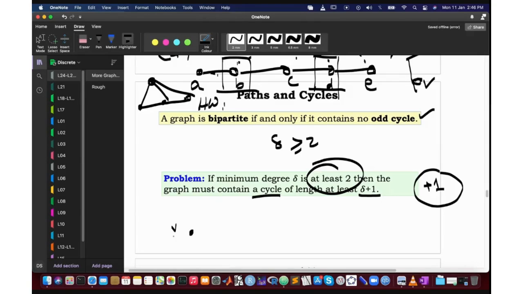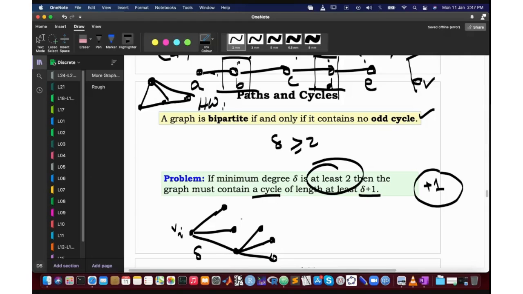So you have a vertex vi, and this guy has at least delta outgoing edges. But this guy also has at least delta outgoing edges. Sir, the minimum number of vertices would be 3 if the minimum degree is at least 2.